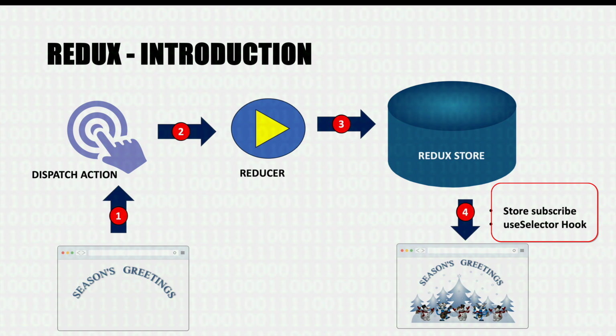It is used to add a callback function that would be invoked every time the state in the Redux store changes, and it allows you to listen for changes in the state so that you can react to those changes in your application. The useSelector hook is again part of the React Redux library, and it allows you to access and extract data from the Redux store in your functional components.